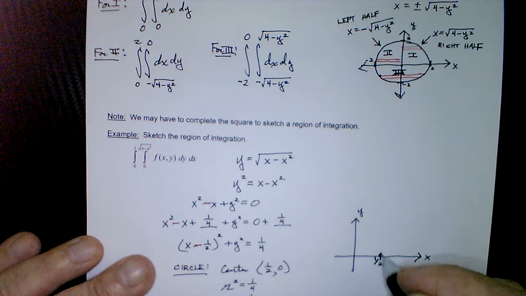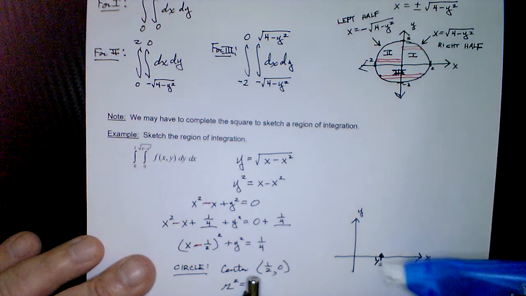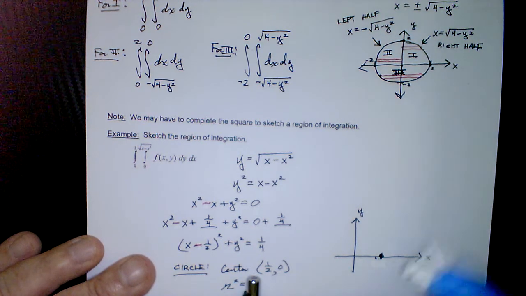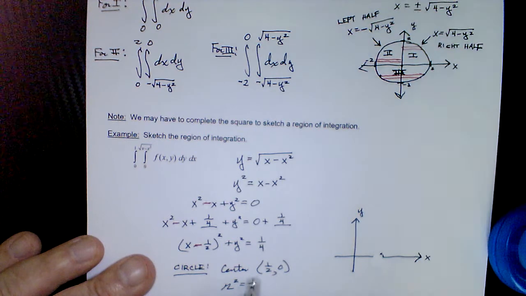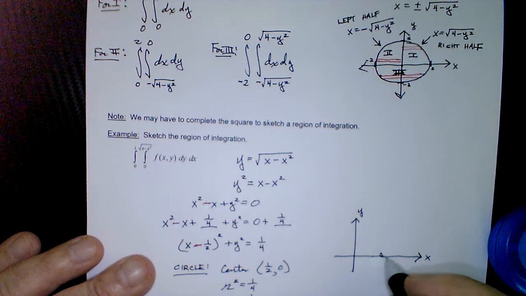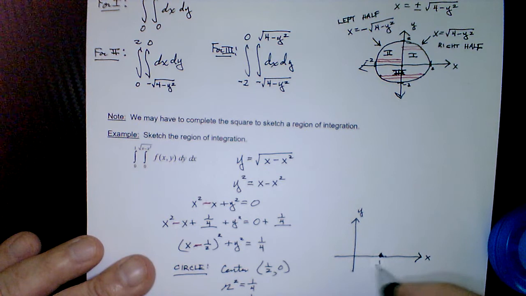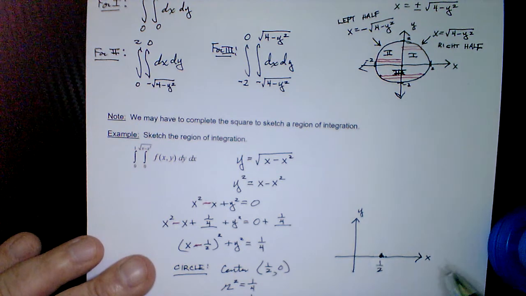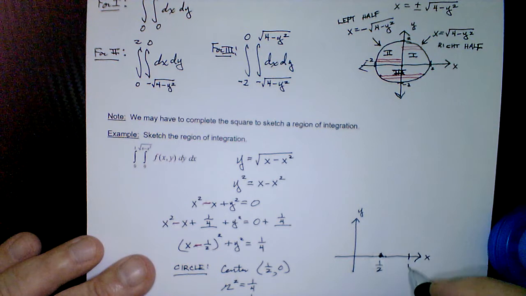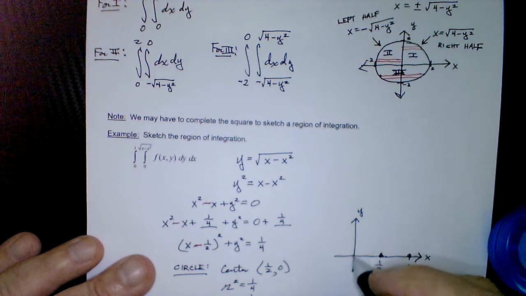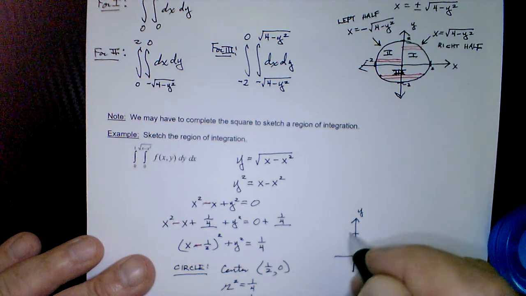Make that a little bit more clear. Okay, that's the point 1/2, 0, and its radius is 1/2, so over to 1 and 0 are going to be the endpoints.